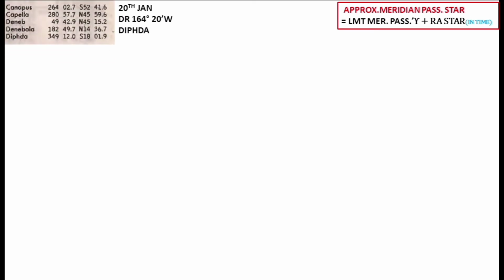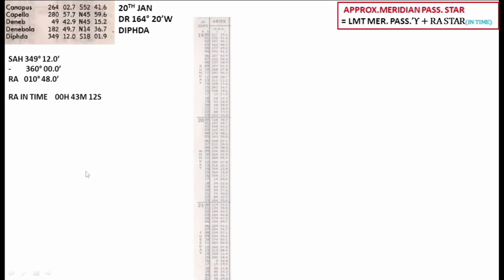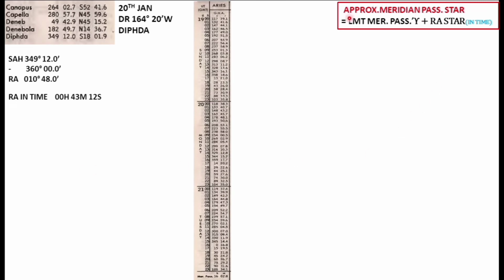Now, just a few examples of how to go about finding your time of meridian passage. This is what has been given to me: 20th January 1992, and the star is there. So what I do is find the star's RA, that is 360 minus SHA, and convert this to time. The formula is LMT meridian passage plus this. You can see the meridian passage for 20th is 1602.